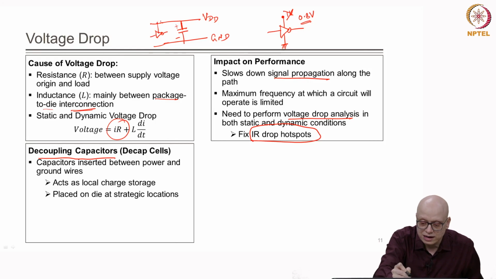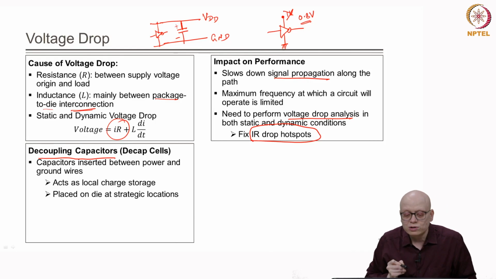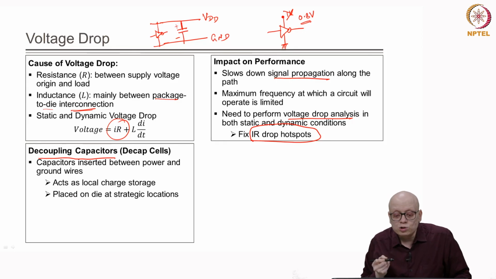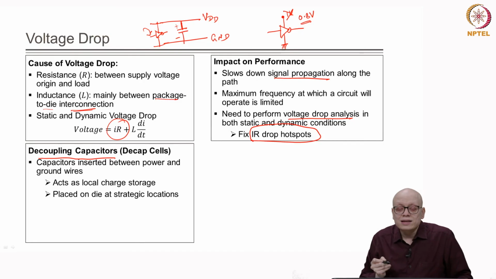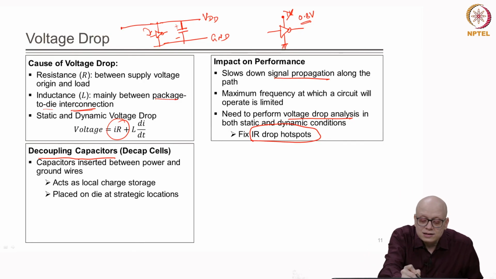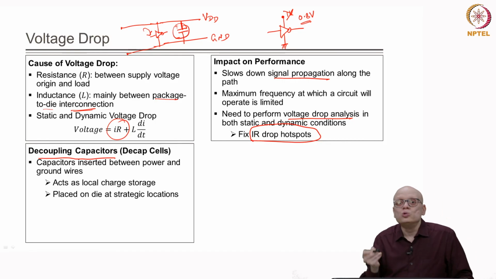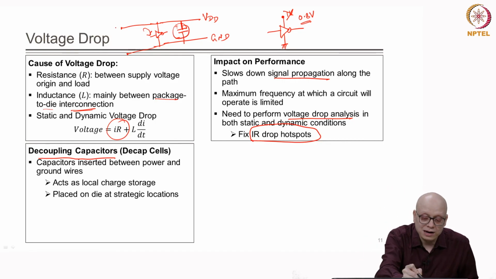This is the VDD line for the inverter, this is the ground line for the inverter, right. Suppose this inverter was drawing a large current. In that case, these capacitors will act as local storage. So, suppose the power pad is here, this is the VDD pad, this is the ground pad.